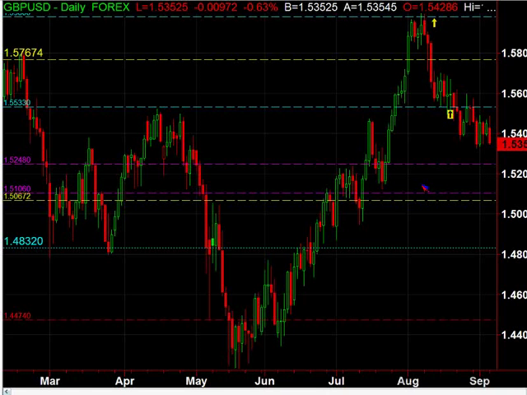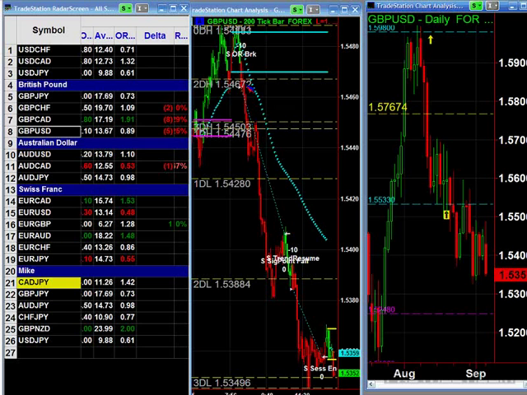Plus, in addition to what you are seeing here today, Jack, you can see the extent of the move that has happened today in the pound. Look at these. These are the trades that we took this morning in the pound. These are the two trades in the morning in the pound dollar.